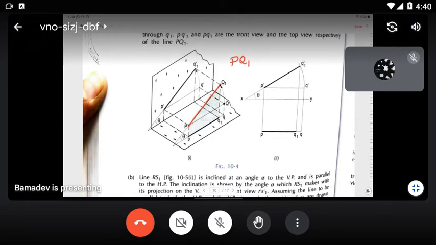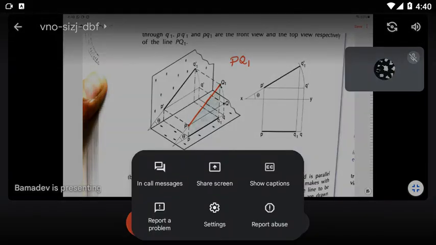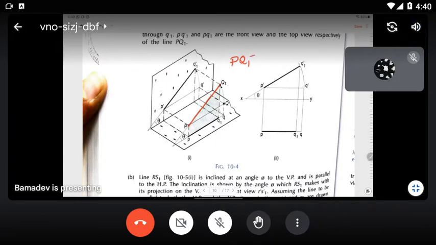Yes, it is parallel to vertical plane and inclined to horizontal plane, right? So how will you draw its projections?